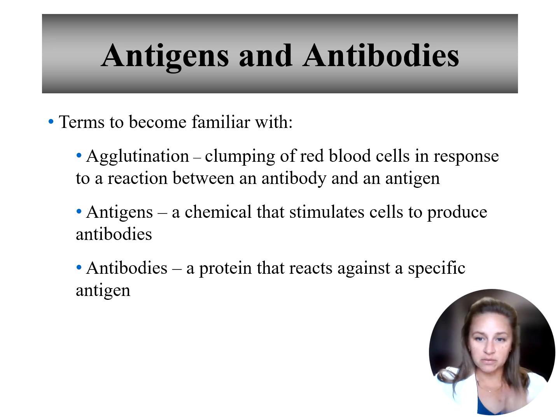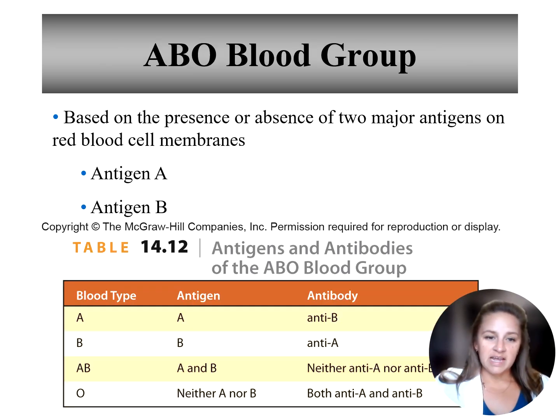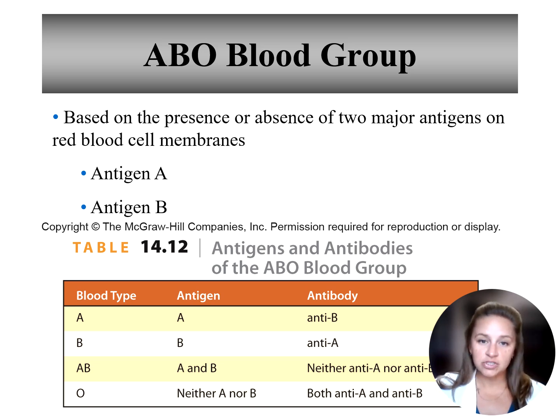So let's look at the different blood groups. There's A and B, and then there's AB, and then there's O. There are two major antigen types on red blood cell membranes: antigen A and antigen B. If you are blood type A, that means you have the antigen A and you have anti-B antibodies.